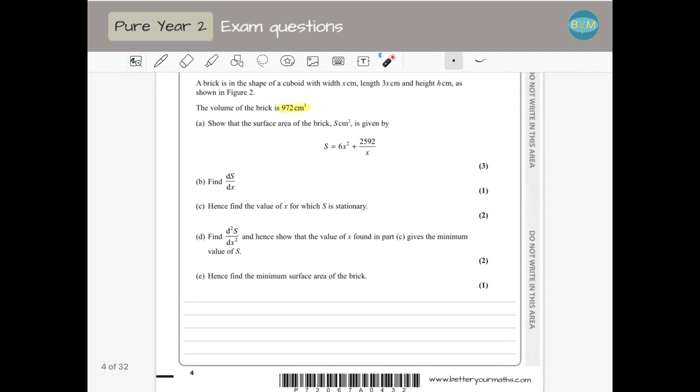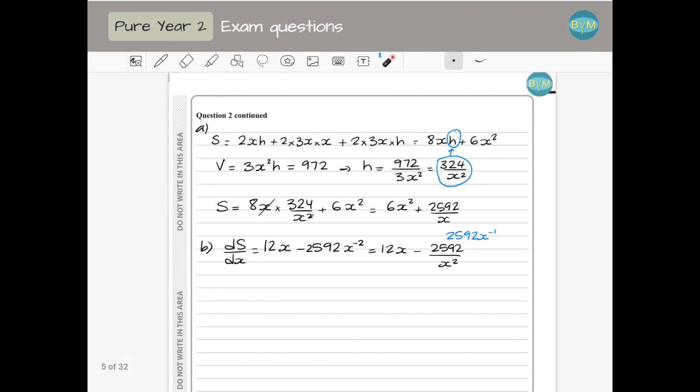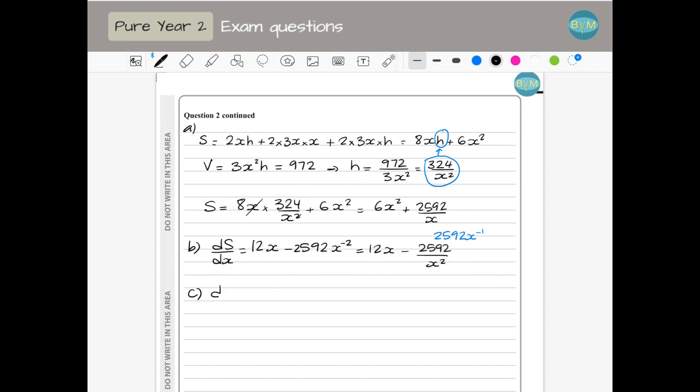Then, hence find the value of x which is stationary. So we are going to make the derivative ds by dx equal to 0 to find the stationary point. That means that this expression here is 0. So I'm going to make 12x equal 2592 divided by x squared. I can divide by 12. No, I cannot divide by 12, it's not a whole number.